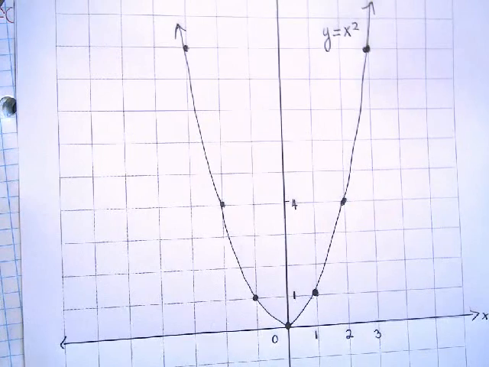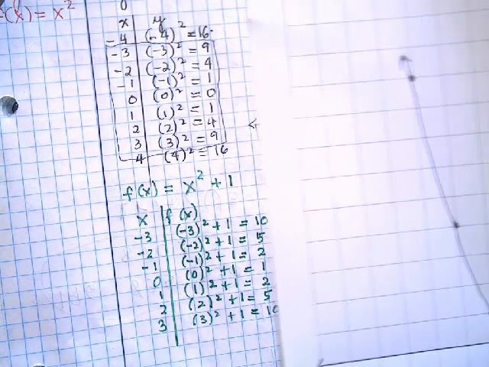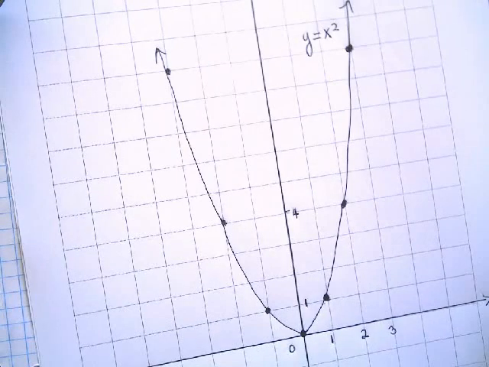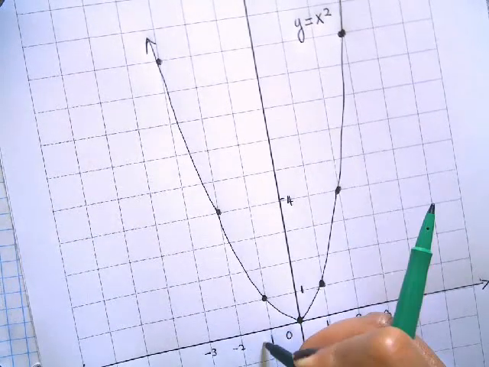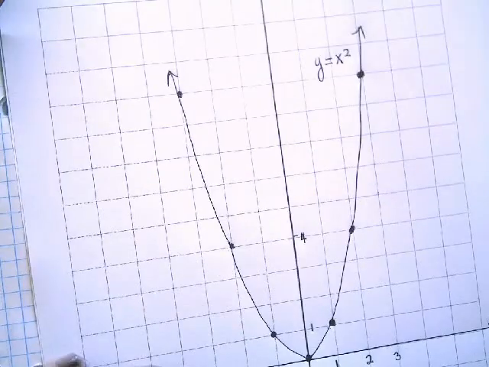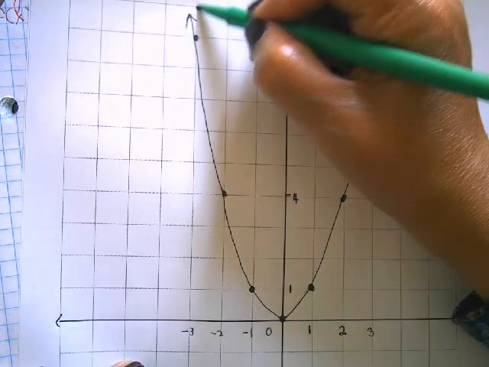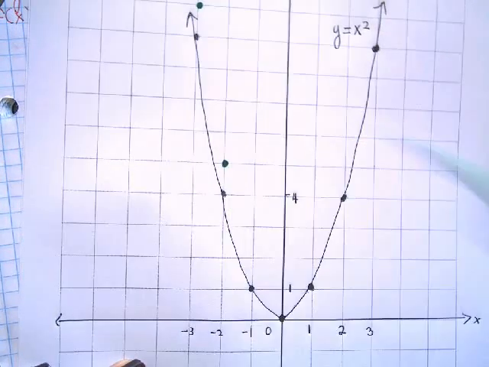So let's graph our green graph here. These values: negative 3, 10; negative 2, 5. So this is 1, 2, negative 3. Instead of 9, it will become 10. Negative 3, 10, so it will be here. Negative 2, 5, I'm following the table.